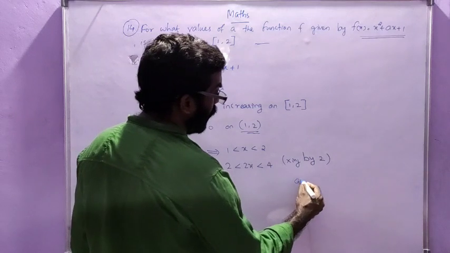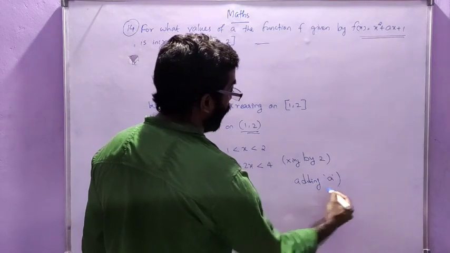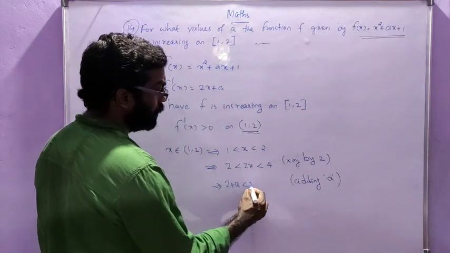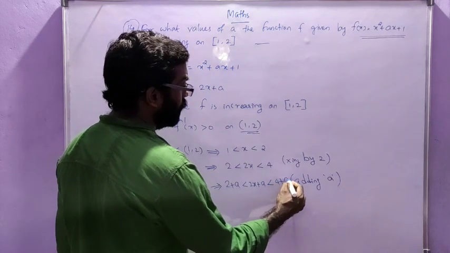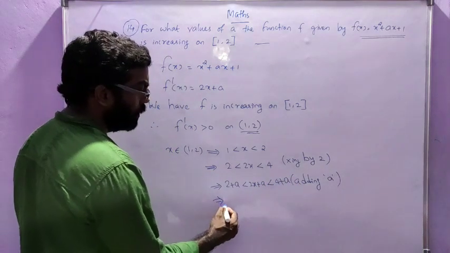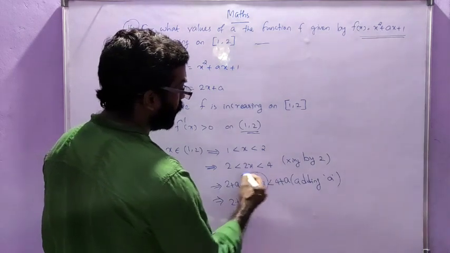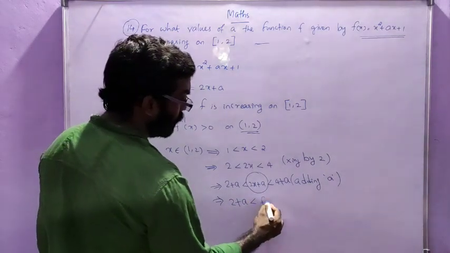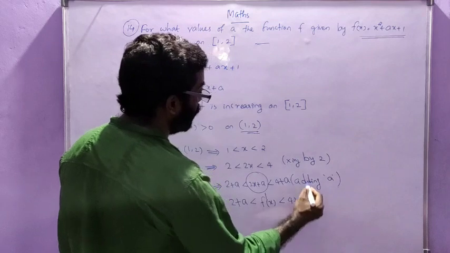Now adding a in the inequality, adding small letter a, we get 2 plus a less than 2x plus a less than 4 plus a. What is 2x plus a? It is f dash of x. So 2 plus a is less than f dash of x less than 4 plus a.